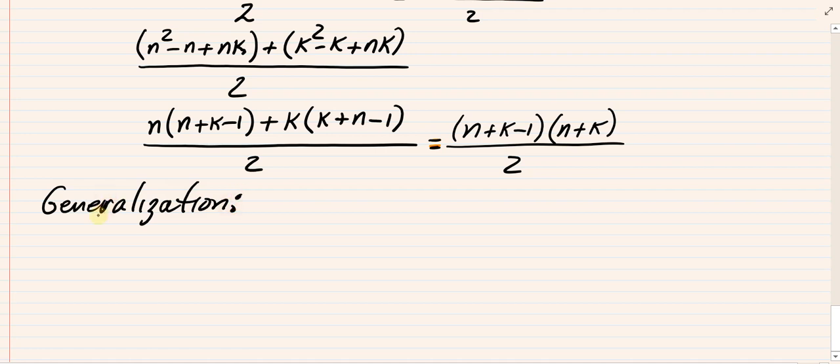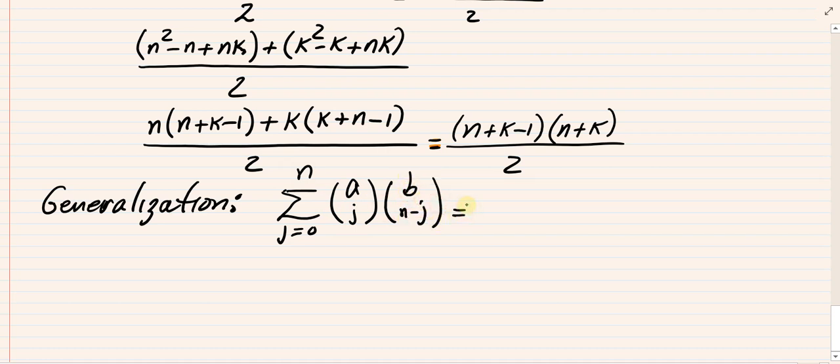If we generalize this, then we can say this is when we equate coefficients of x to the n. We can write it as the sum from j equals 0 to n of a choose j, b choose n minus j, and that would equal a plus b choose n. That's what we just showed.